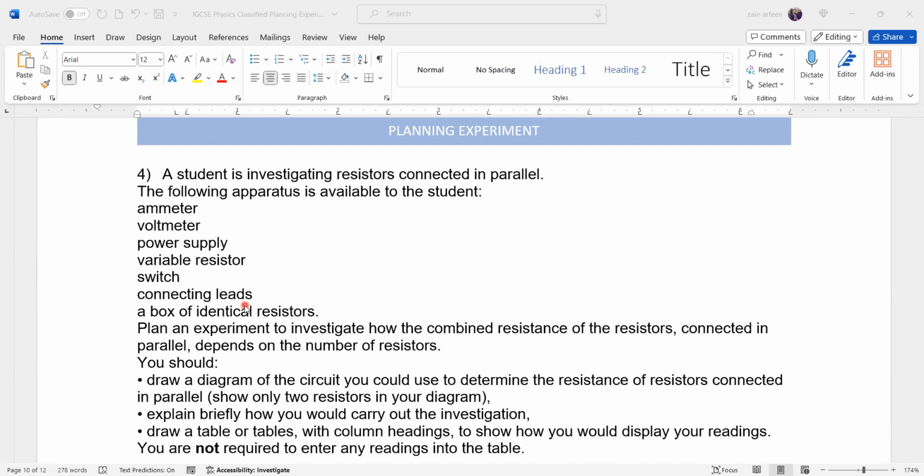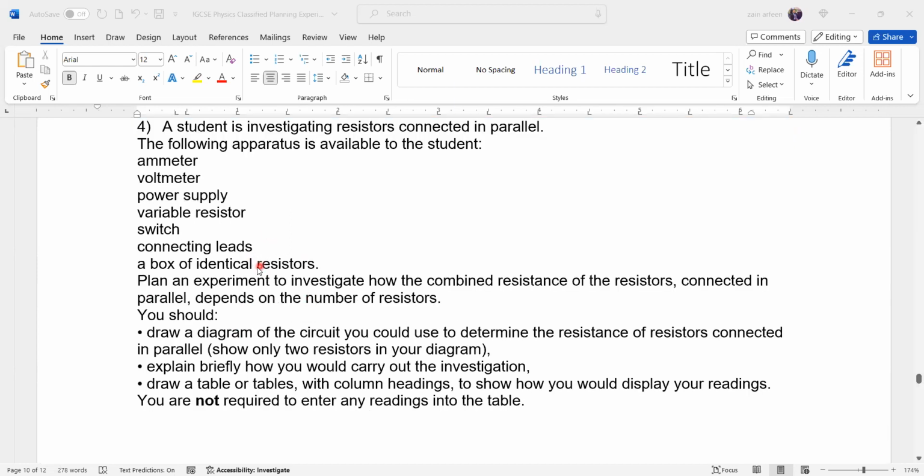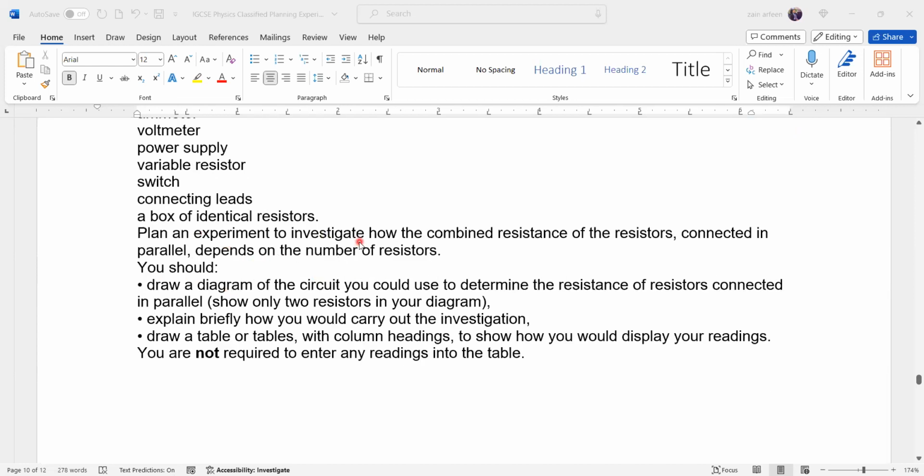He has a lot of resistors, identical, all of them the same. Plan an experiment to investigate how the combined resistance of resistors connected in parallel depends on the number of the resistors. Like if we change the number of the resistors in parallel, how the resistance is affected.